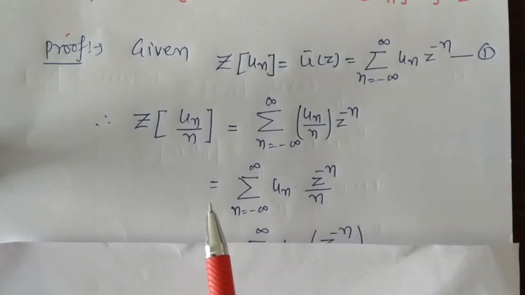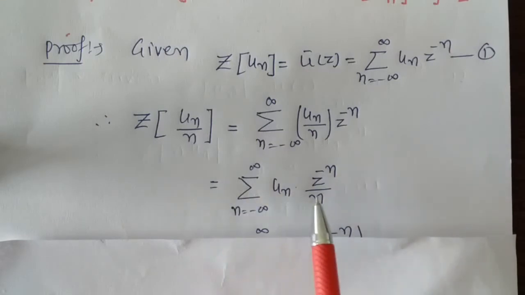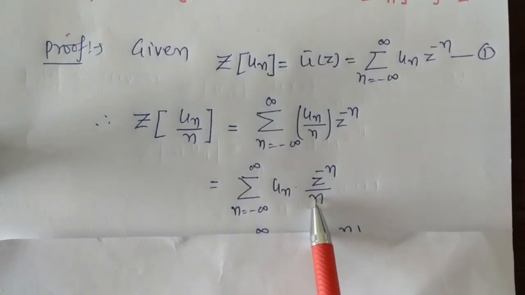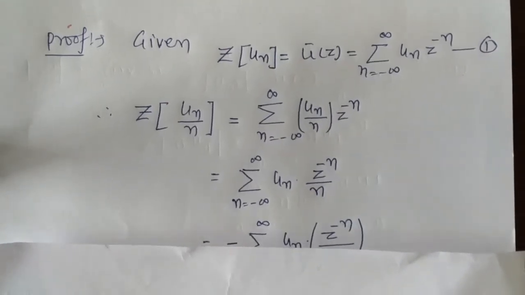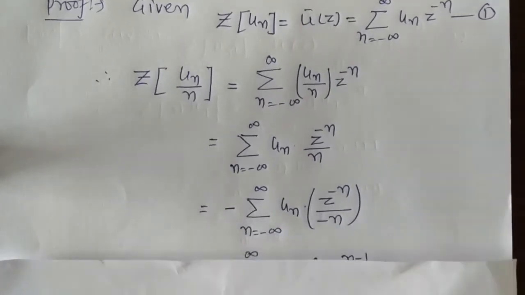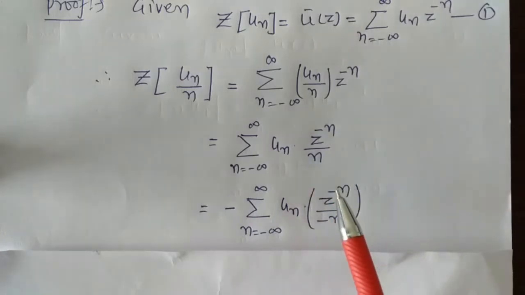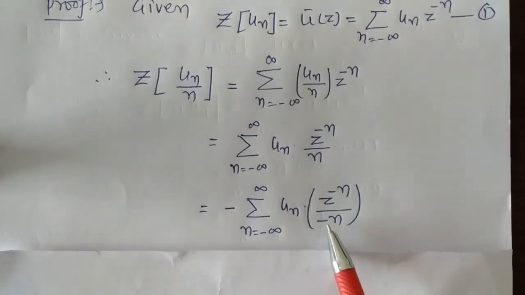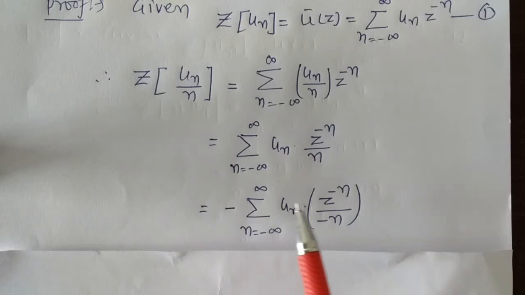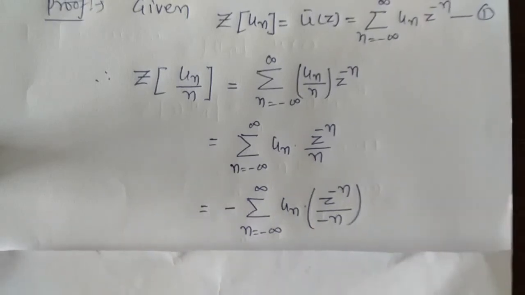Now here we write negative outside and negative in the denominator of z power minus n. Then we have minus the summation n goes from minus infinity to plus infinity of u(n) into z power minus n upon minus n. So here negative negative is positive.